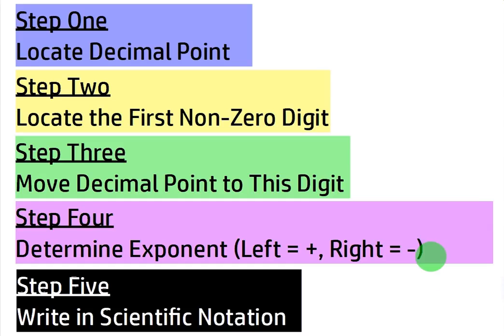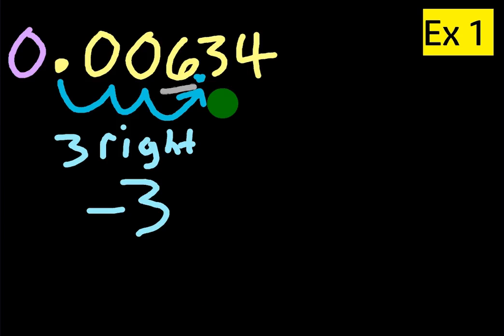Alright, and the final step is to write our number in scientific notation. Okay, this is, to me, basically the easiest step. So we see now where the new decimal place is. These zeros to the left won't matter, they're not significant. So basically all we have left is 6.34. So my final answer, I'm going to write 6.34.